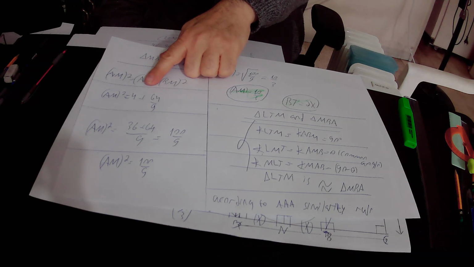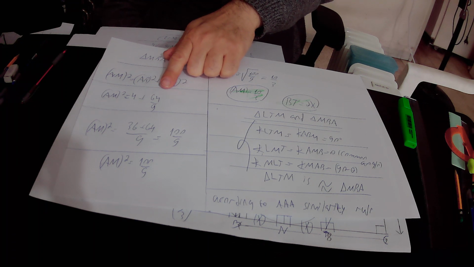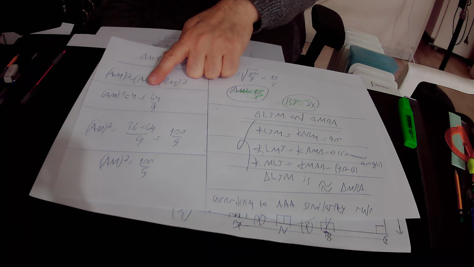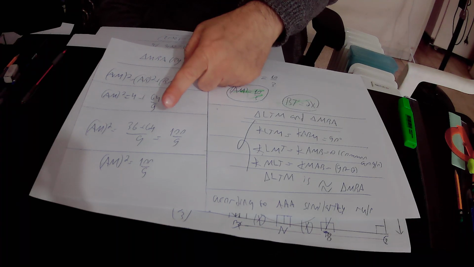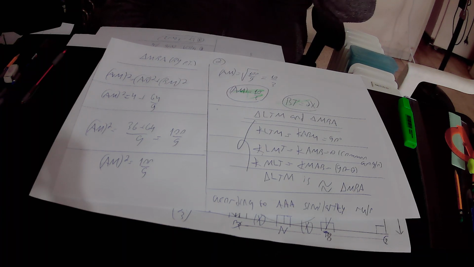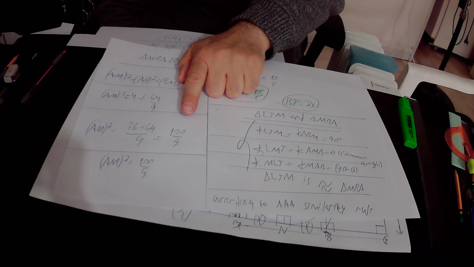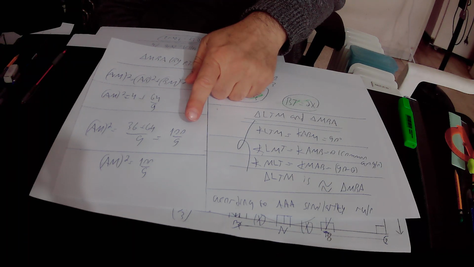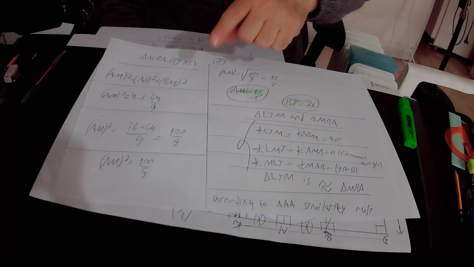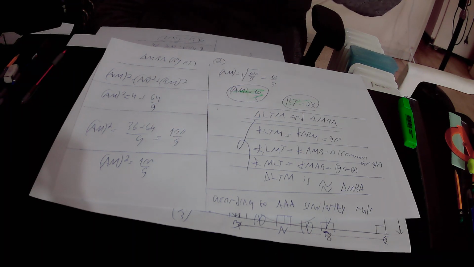So here we multiplied 4 by 9 and then we divided by 9 in order to have a common factor with 64 over 9. So 9 times 4 is 36, so in total in the numerator of this expression we will have 36 plus 64 divided by 9. 36 plus 64 is 100 divided by 9.